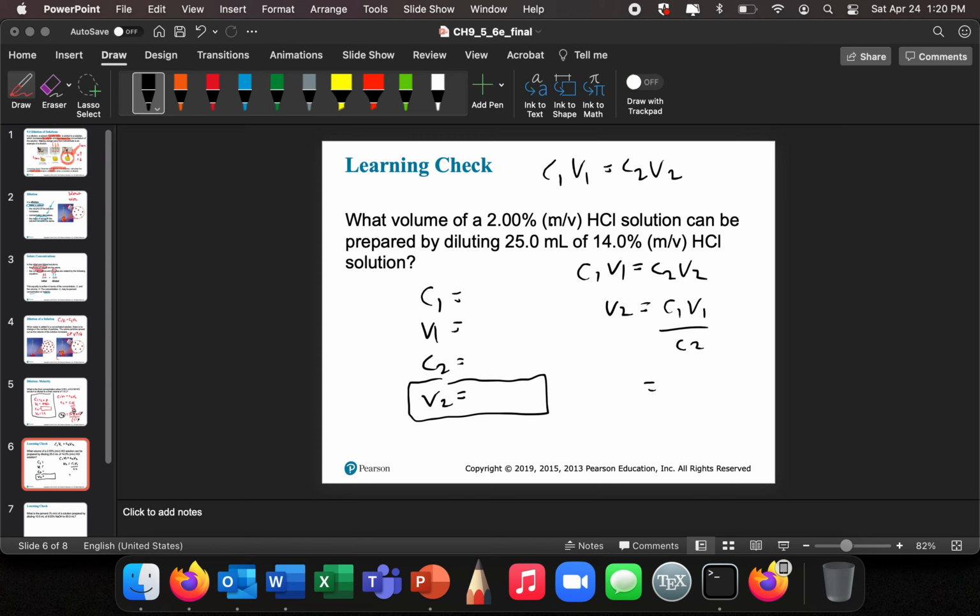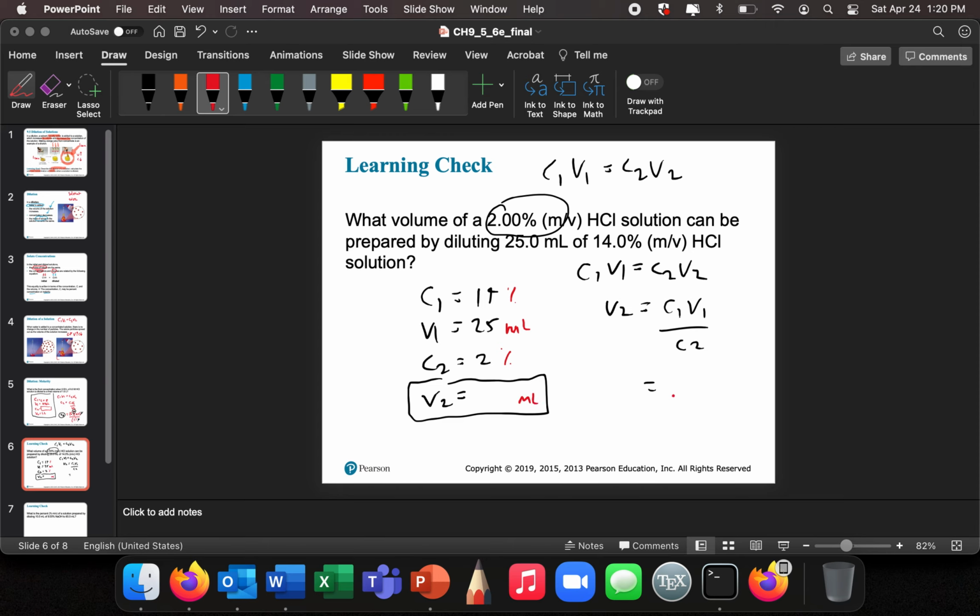So what volume of a 2% solution, so it looks like I'm trying to make a 2% solution, I'll just leave it in percents, can be prepared by diluting. Initial volume is 25 mils of a 14% solution. 14%, right? And this is in mils. So this is also going to be in mils.